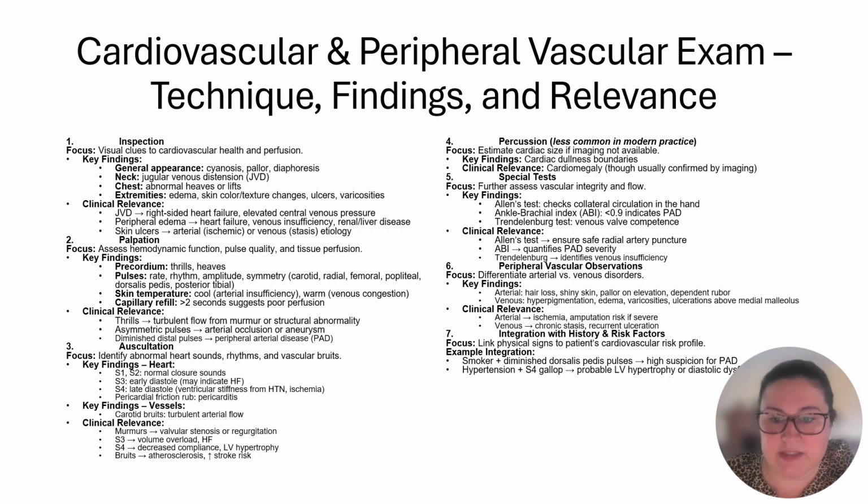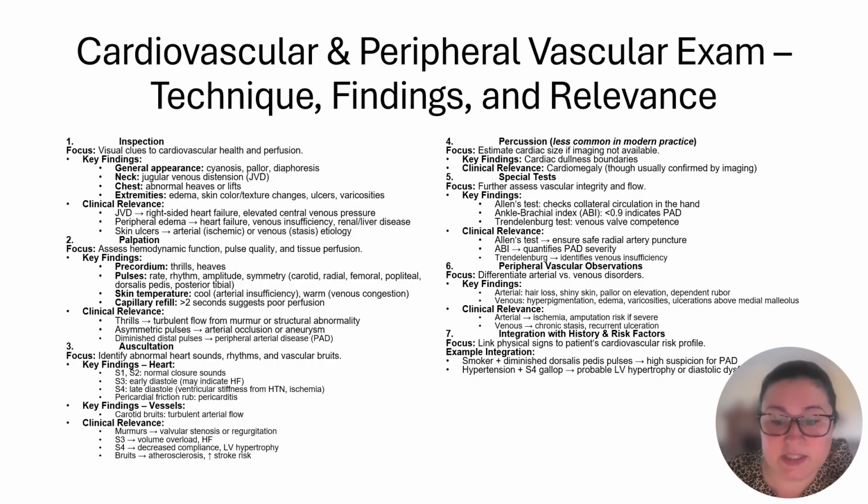And then last that we talk about is percussion. In the cardiovascular exam, however, this is a less common practice. It would be done along the cardiac borders in order to assess for dullness. However, given the prevalence of imaging, we now mostly turn to imaging to assess for cardiomegaly.